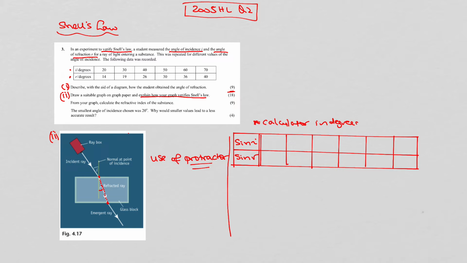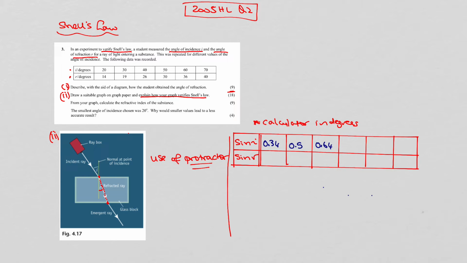And then subbing into our calculator, we're going to start with sin 20. So if we get sin 20 in our calculators, we're going to get 0.34. So I'm going to write each of my answers correct to 2 decimal places. Sin 30 is a half, so 0.5. Sin 40 is 0.64.